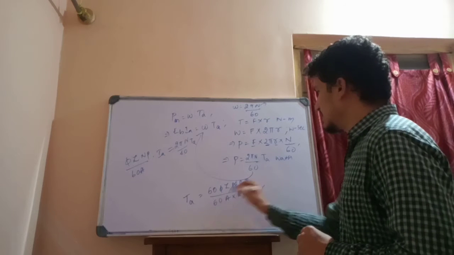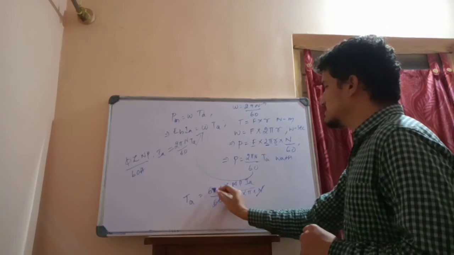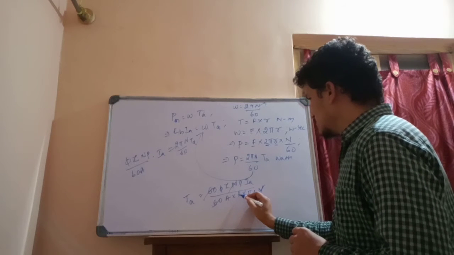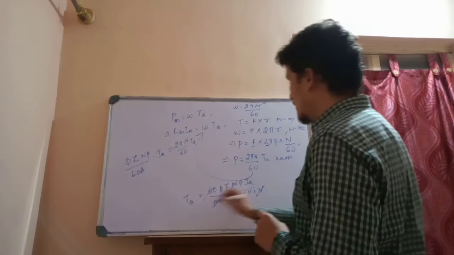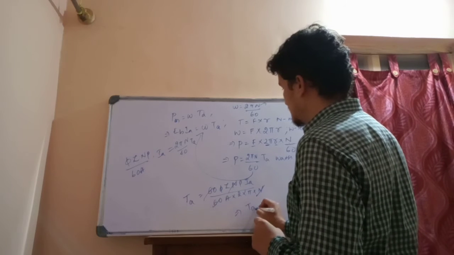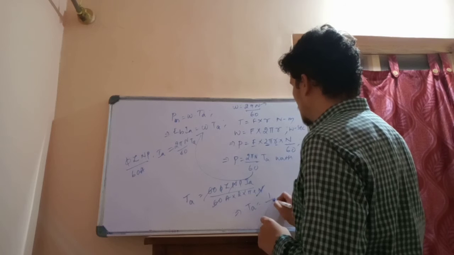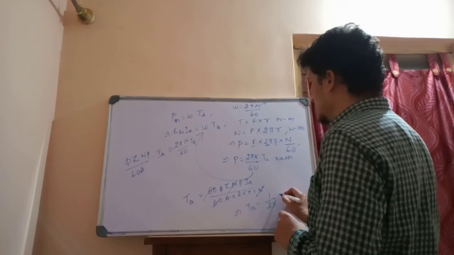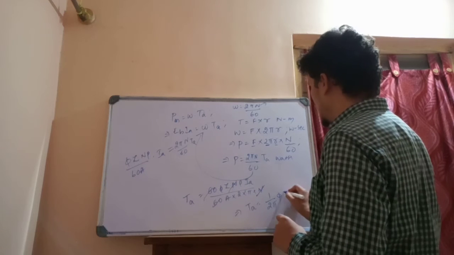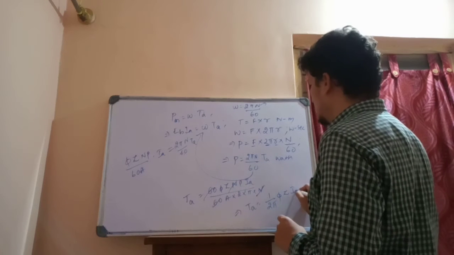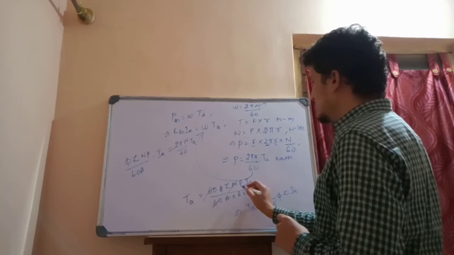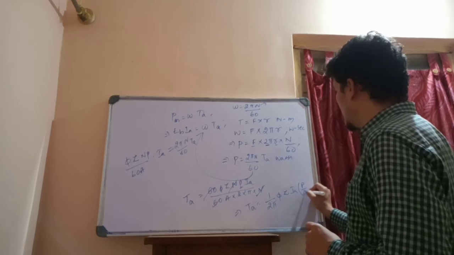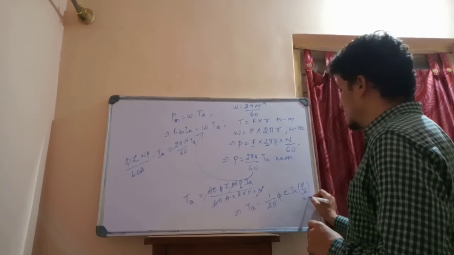So N cancels, 60 cancels. 2 pi will not cancel. So what is remaining? TA is equal to 1 divided by 2 pi, with A remaining in the denominator. 1 divided by 2 pi into phi into Z into IA in the numerator, and one more remaining is P divided by A, in Newton meter.